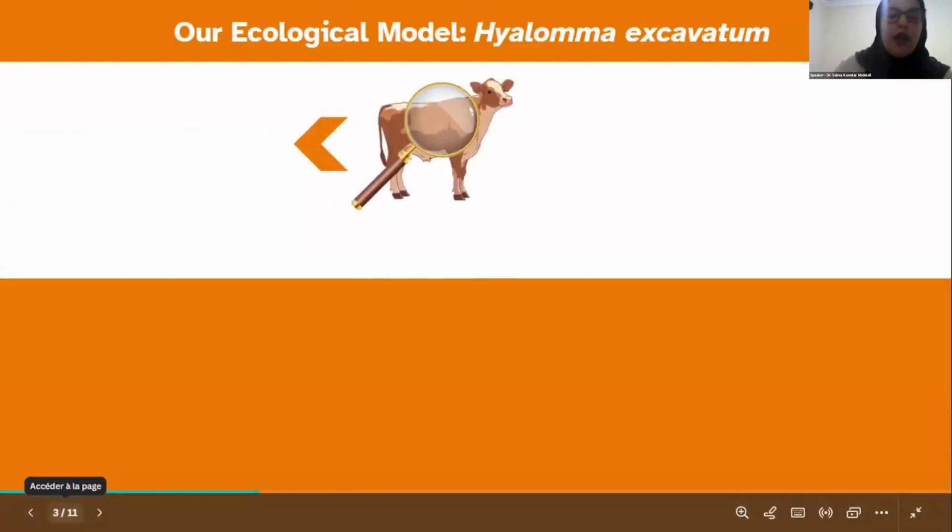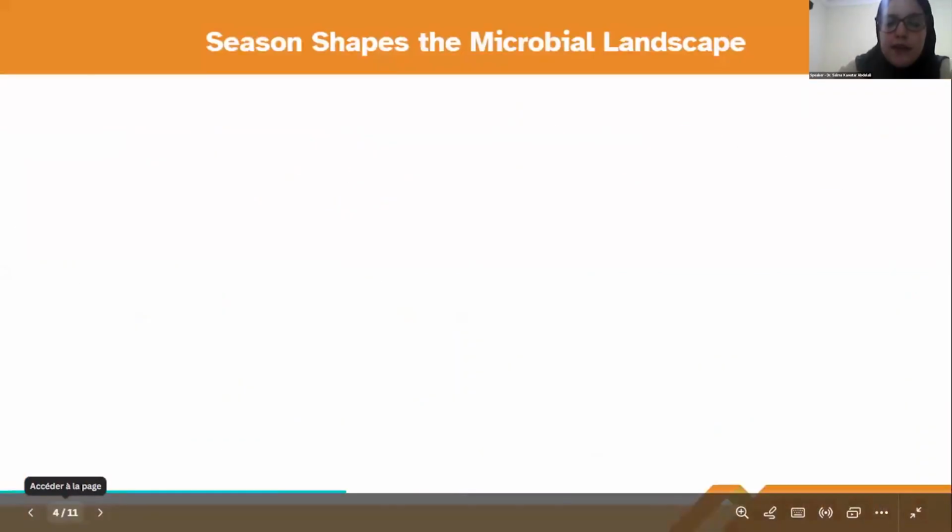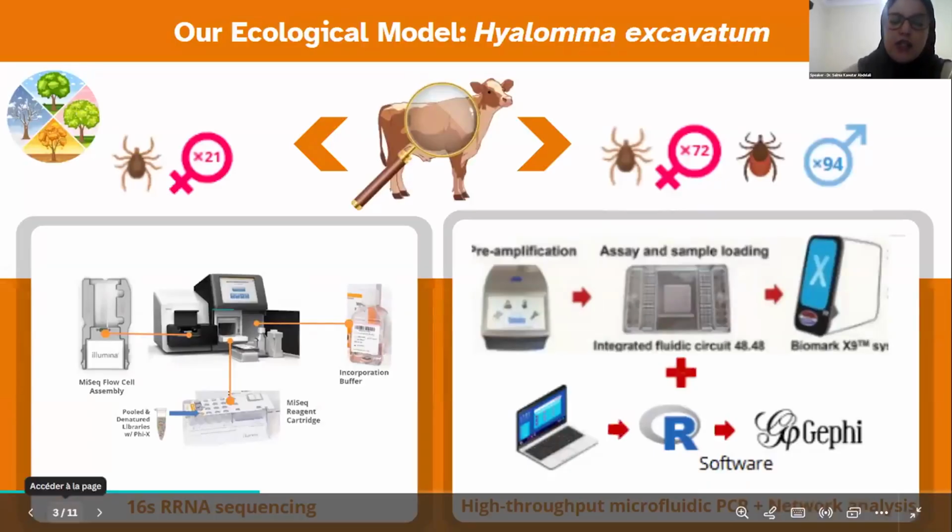Plus network analysis, we were able to detect multiple pathogens. This gives us a highly detailed view of pathogen diversity and co-infection patterns.